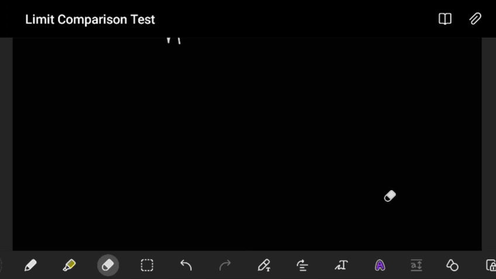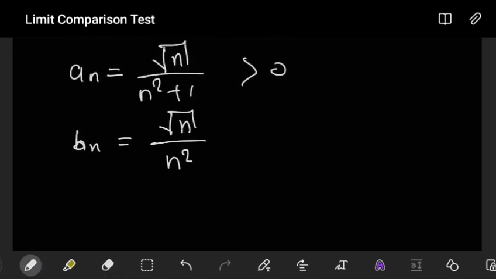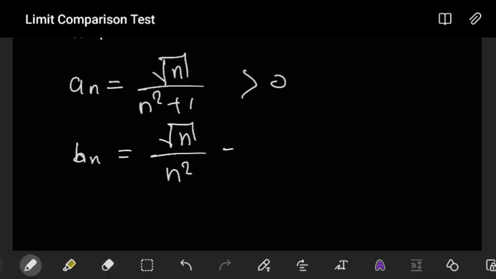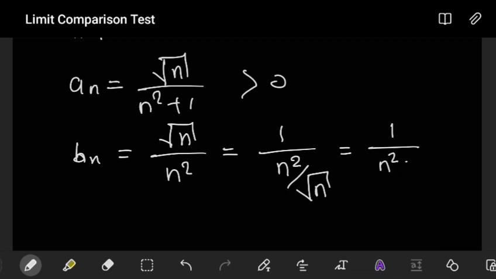You see, I'm trying to use another well-known series here. So this expression, by the same trick, can be written as 1 over n squared over root n. And of course, I can write root n there as a power. So that's n squared, and then we have n to the power 1 over 2.